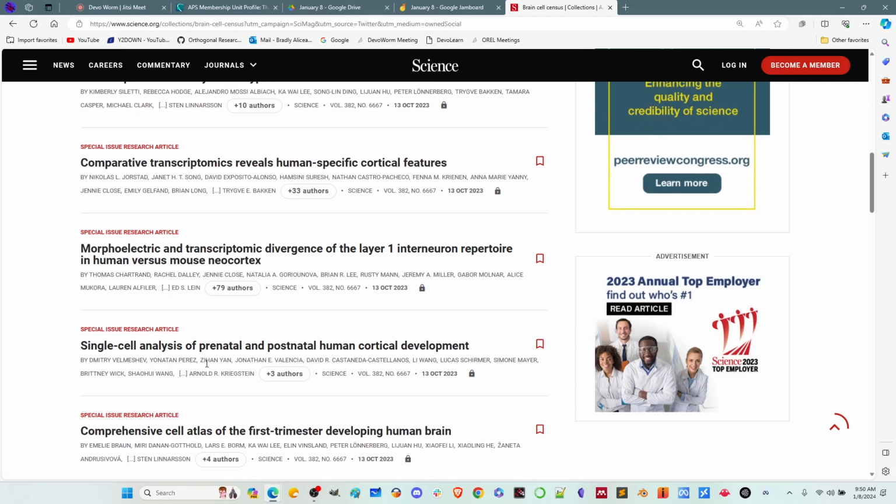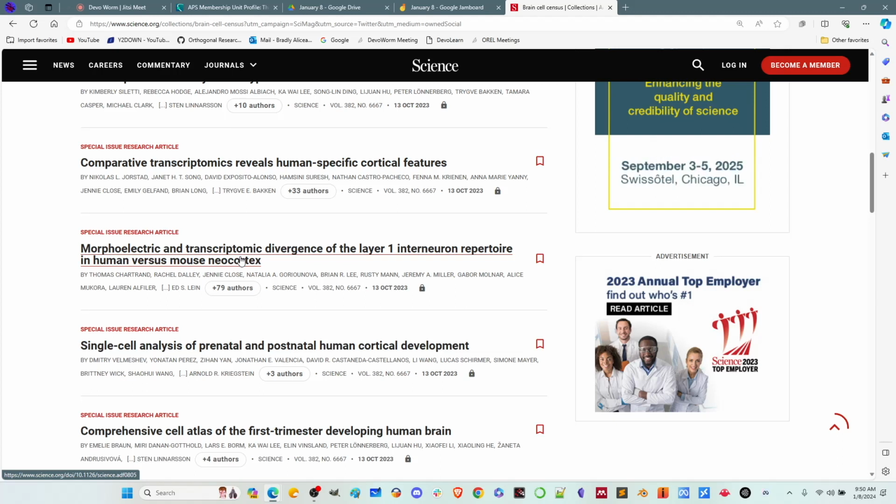Let's see. This one, morphoelectric and transcriptomic divergence of the layer 1 interneuron repertoire in human versus mouse neocortex. So this is a comparison of human and mouse. This is the specific area, layer 1 interneuron, in the neocortex, which in mammals has 6 layers, and this is layer 1.